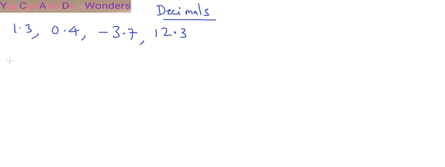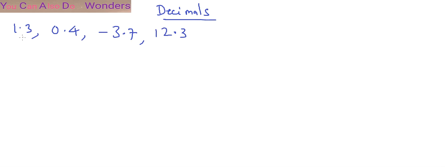So it's different as you can see. These decimal numbers are different from natural numbers, whole numbers and integers. Now, how many decimal places?